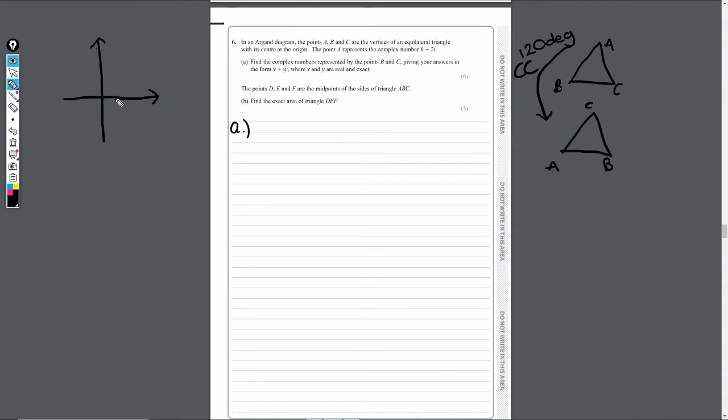We've got the first point here, so it's going to be 6 plus 2i. So let's just say it's there. Okay, so that's 6 plus 2i, so that's the point A. We need to work out the other points B and C. So what we're going to need to use is the rotation matrix.